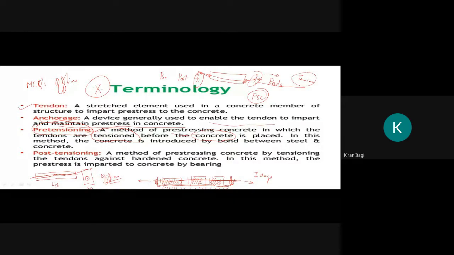This is called post-tensioning, a method of prestressing concrete by tensioning the tendon against the hardened concrete. Only after the curing period has been completed do we apply the tension, and that is called post-tension. In this method, the pre-stress is imparted to the concrete by bearing.